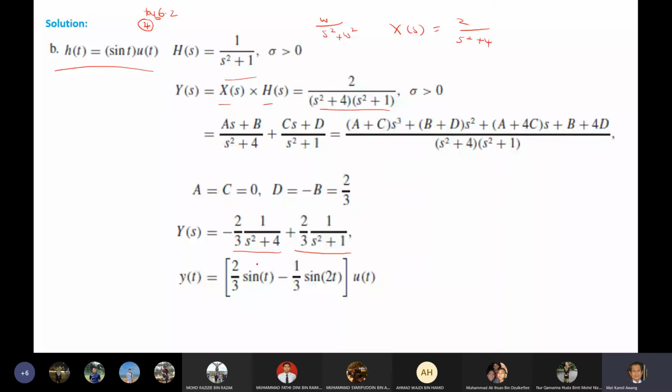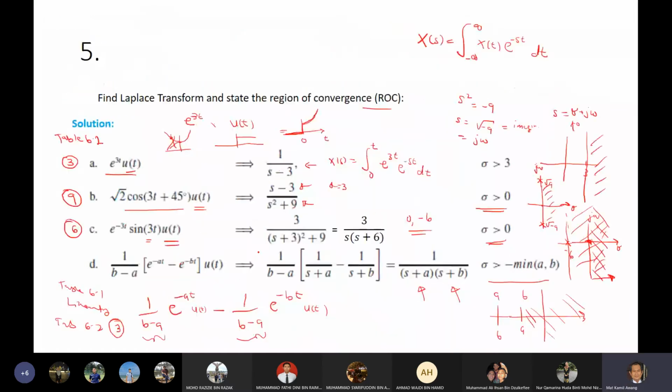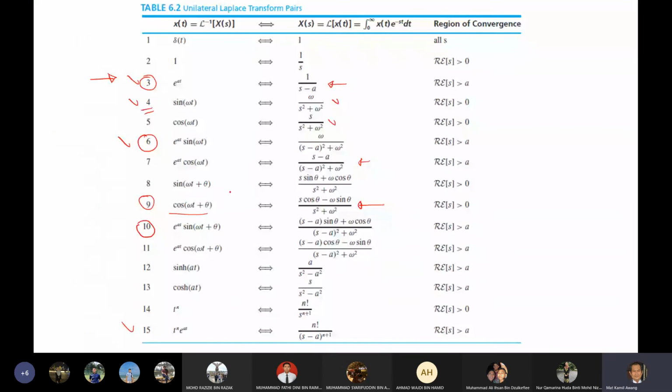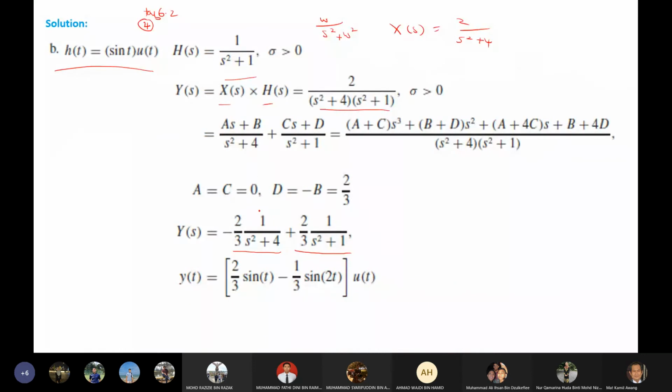So this actually you use number 4 from the table, right? So that's how you do it. So instead of doing the convolution, you are solving the problems using the Laplace transform to get the y of t.